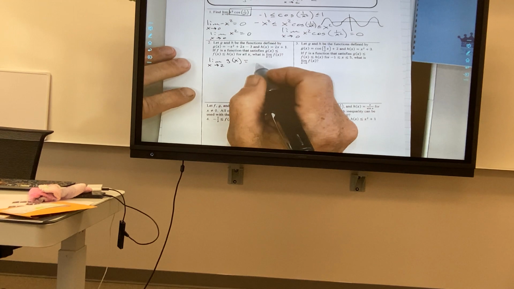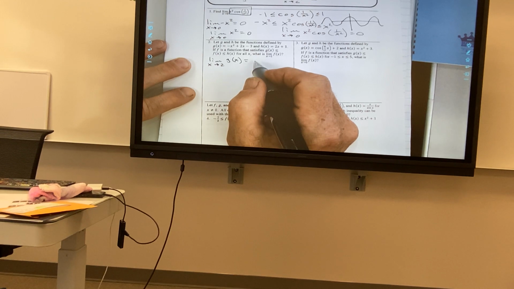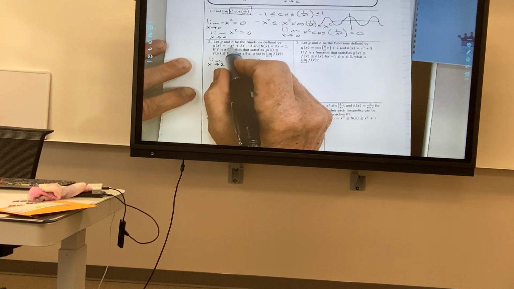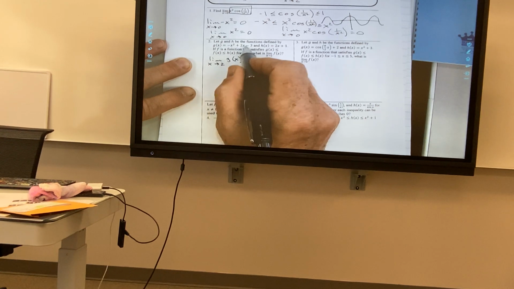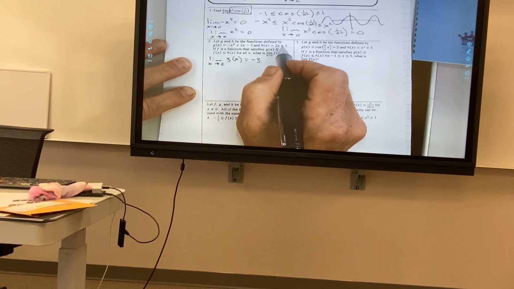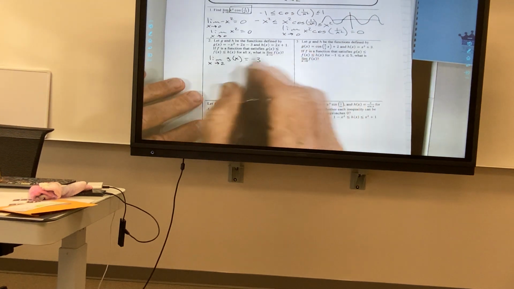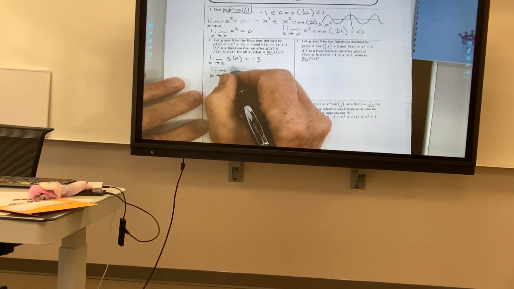And that limit is what, Jonah? Is it -3? I got a -3. I get 2 squared, which is 4, -4, plus 2 times 2, which is 4. That gives me 0, minus 3 gives me a -3. This one better be a -3 also, so I'm going to take the limit as x approaches 2 of h of x.